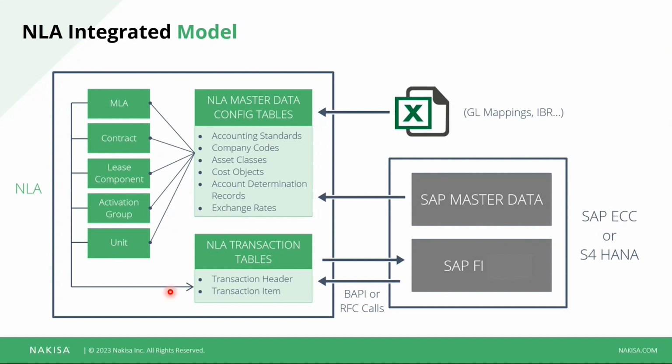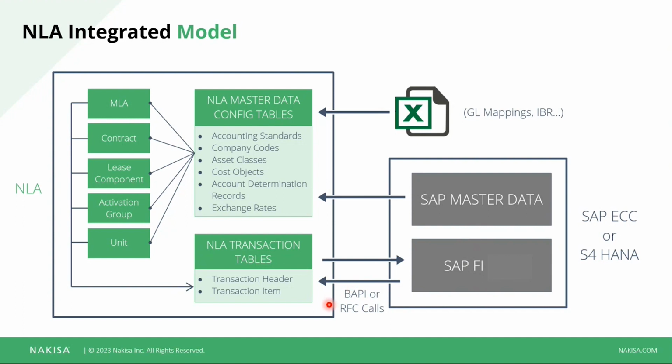And all the results from the different transactions that we have in NLA, again, inceptions, reassessments, accruals, depreciations, lease ends, and so on and so forth, will come into SAP FI, our GL system in SAP, through a natural connection.